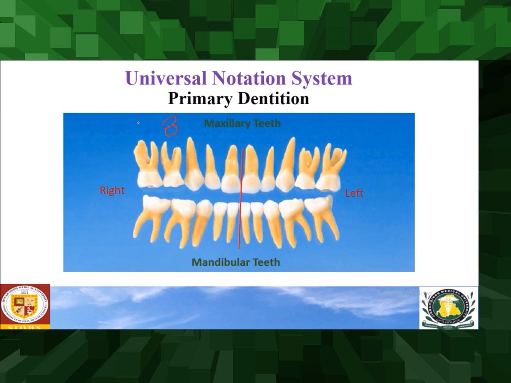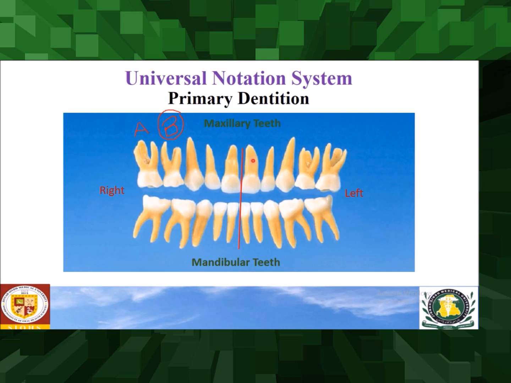So it starts with alphabet A, B, C. So B is for the right maxillary first molar. Now for the next tooth, the left maxillary central incisor. This tooth is the left maxillary central incisor.